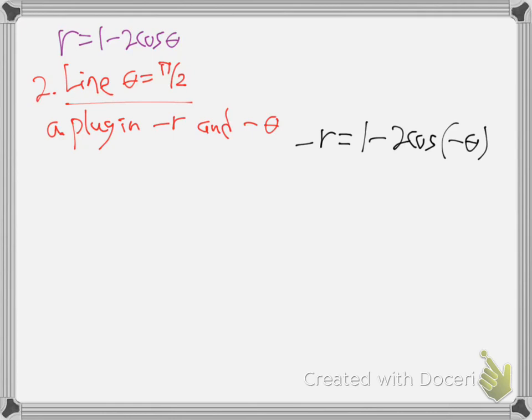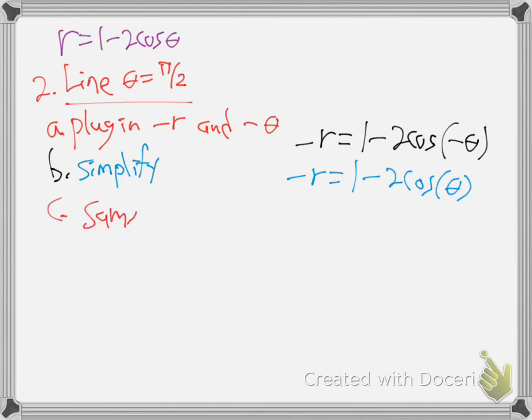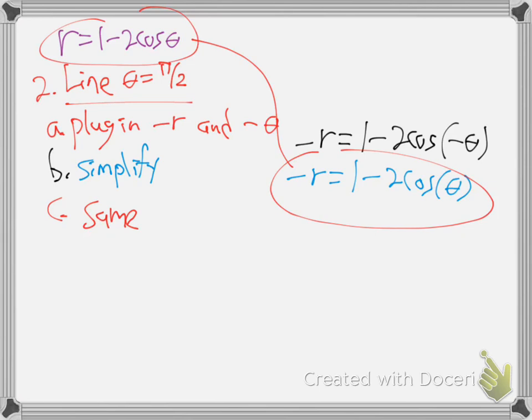And then B, you're supposed to simplify. Now, how do I simplify? Well, the negative, again, one more time, goes away. And then step C, is it the same? Is what the same? This and the original.